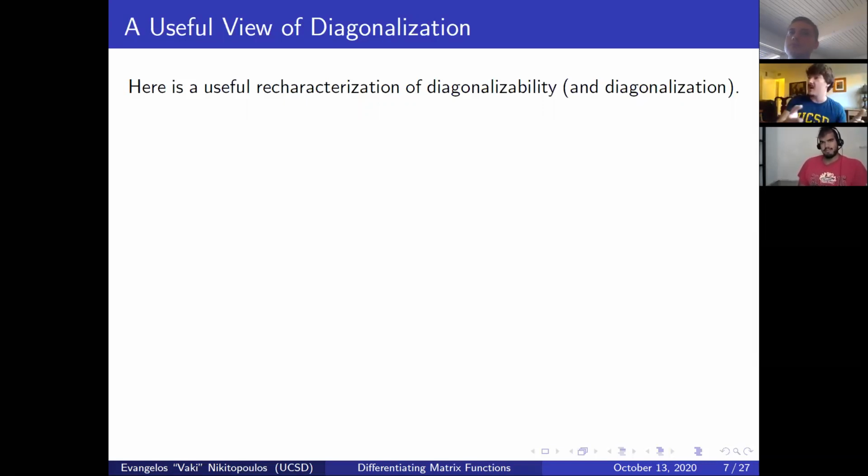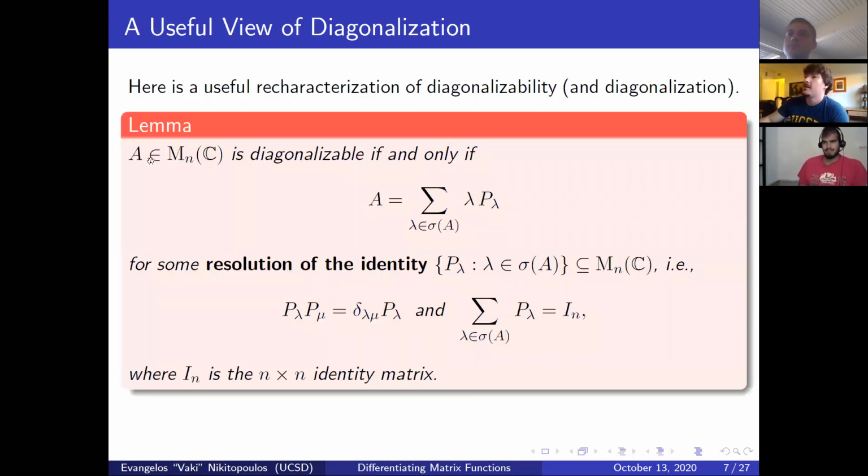So the lemma I'm about to quote for you is an alternative characterization, sort of basis free, of diagonalization of a matrix. An n by n matrix is diagonalizable if and only if it admits what you could call a spectral resolution.